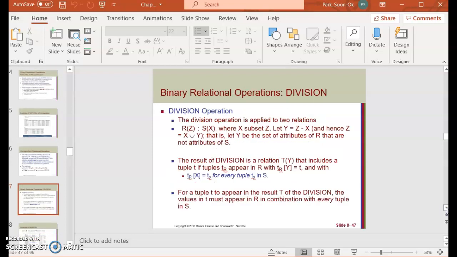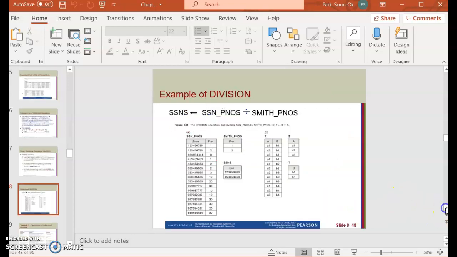There is also the division operator, R divided by S. Here X is a subset of Z, and Y is Z minus X, which is the set of attributes of R that are not attributes of S. Let's take an example: SSN divided by Smith's projects, which are project 1 and 2.